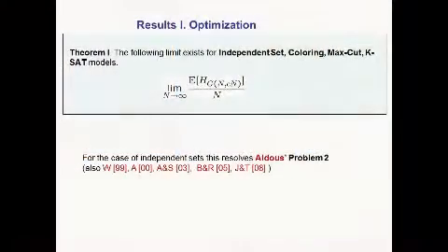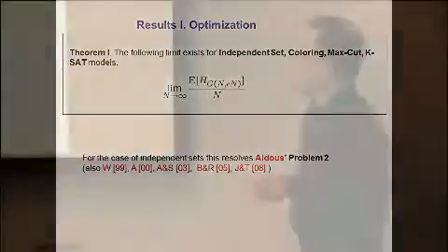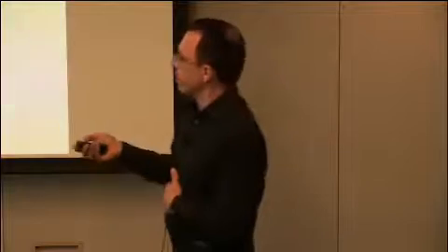Indeed, the limit exists, and it answers positively the conjecture by Aldous, and the same conjecture stated in several other papers. So, for example, if you take Max-Cut in the Erdős-Rényi graph normalized by n, this limit exists. Unfortunately, we can't say anything about the value of this limit. All we can say is the existence. Yes?